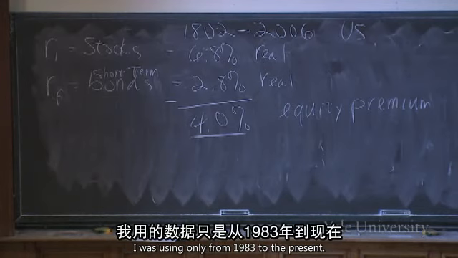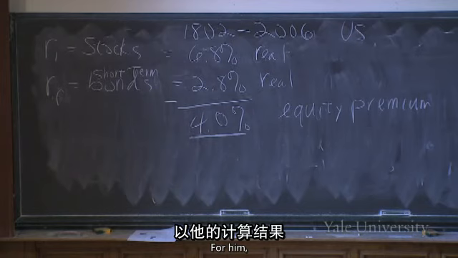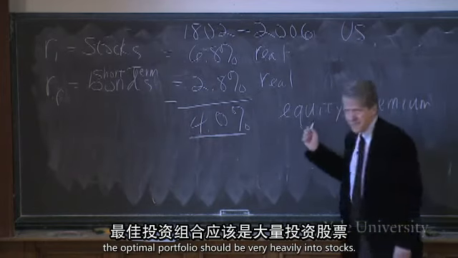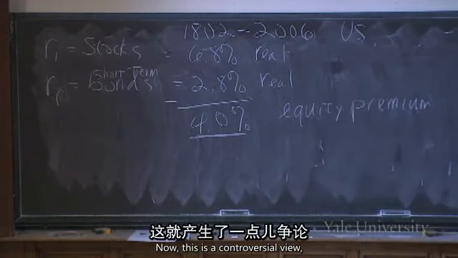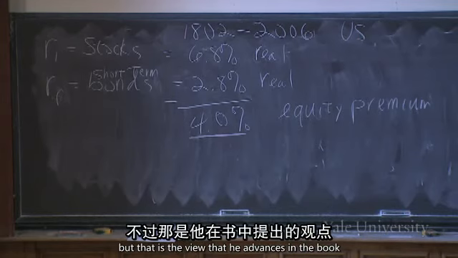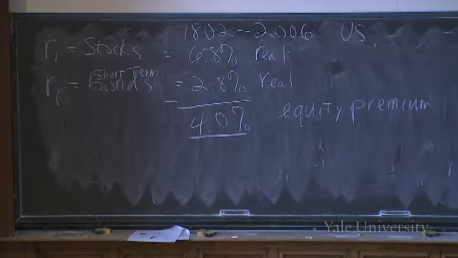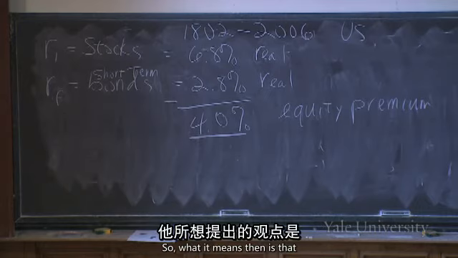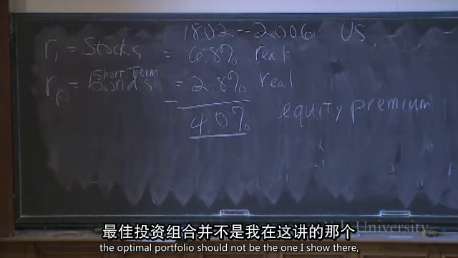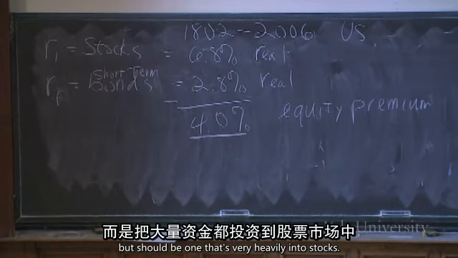I was using only from 1983 to the present. For him, the optimal portfolio should be very heavily into stocks. Now, this is a controversial view, but that is the view that he advances in the book, and I think it's a very interesting analysis. So what it means then is that the optimal portfolio should not be the one I show there, but should be one that's very heavily into stocks.